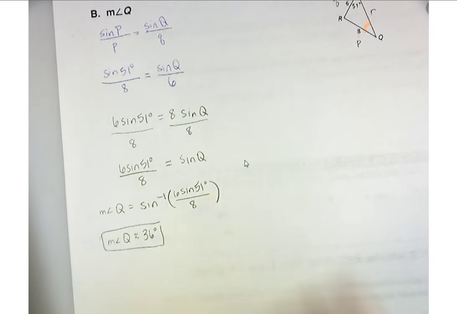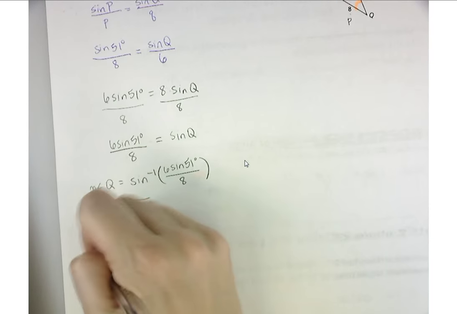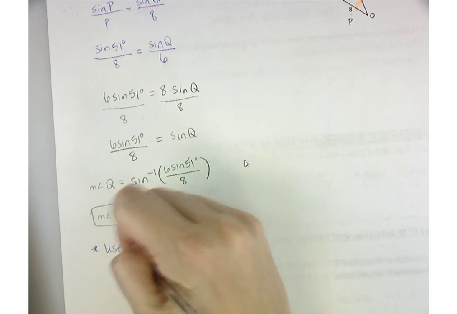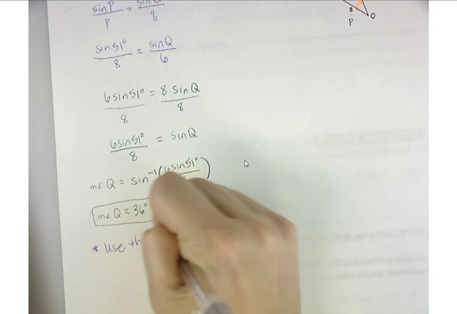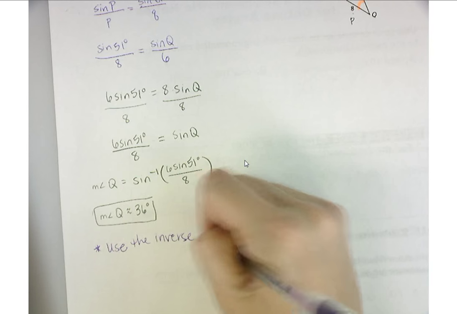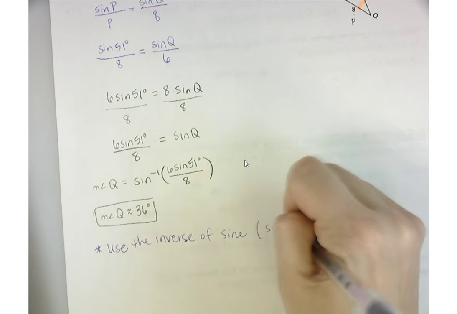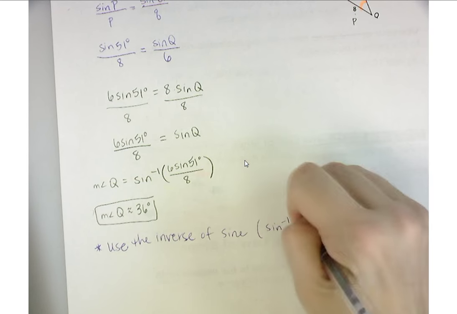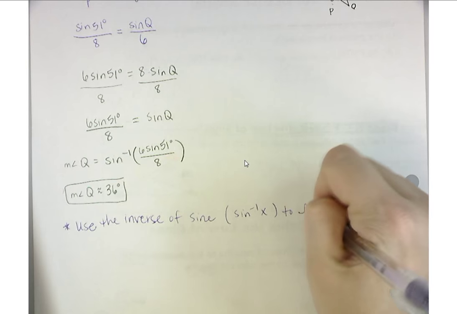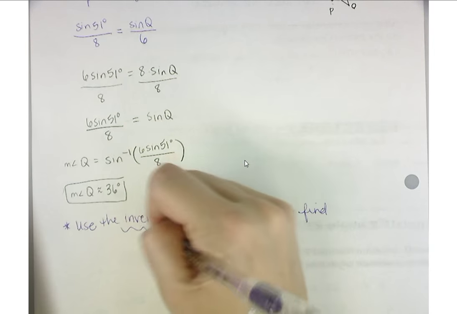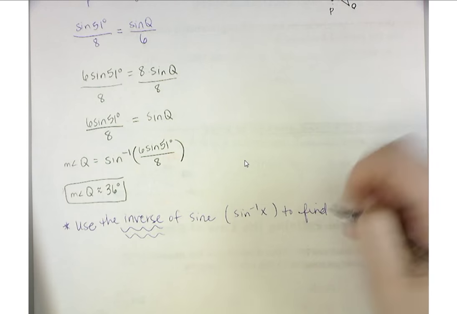Okay, so just a couple things we have to remember. Okay, we are going to use the inverse of sine, sine -1, we'll call it, of x. Okay, because you can't just have nothing there, it has to be of something. To find, what do we use the inverse to find?